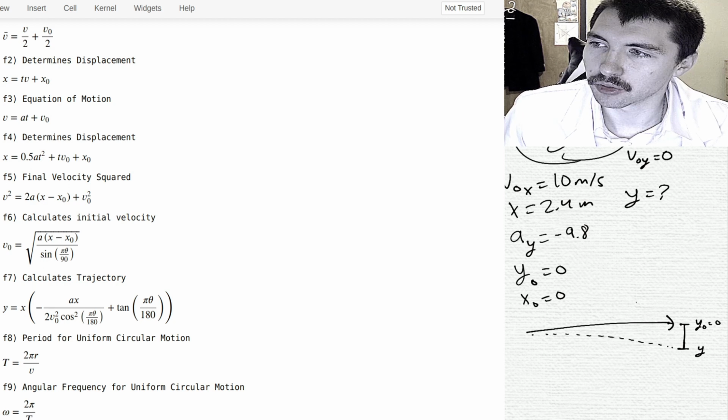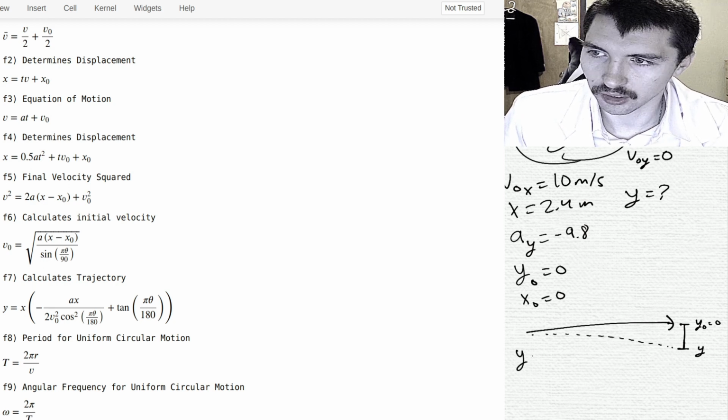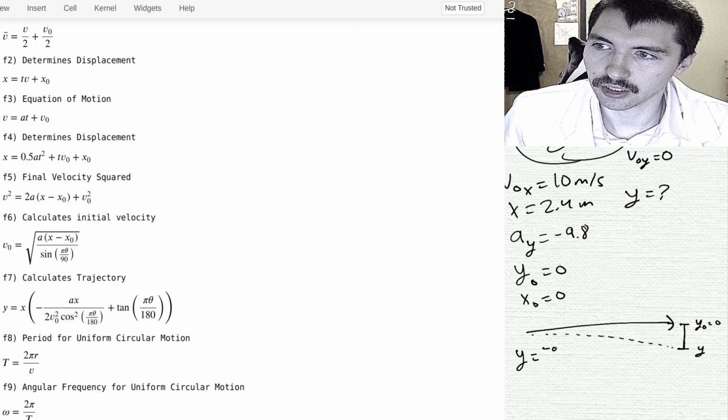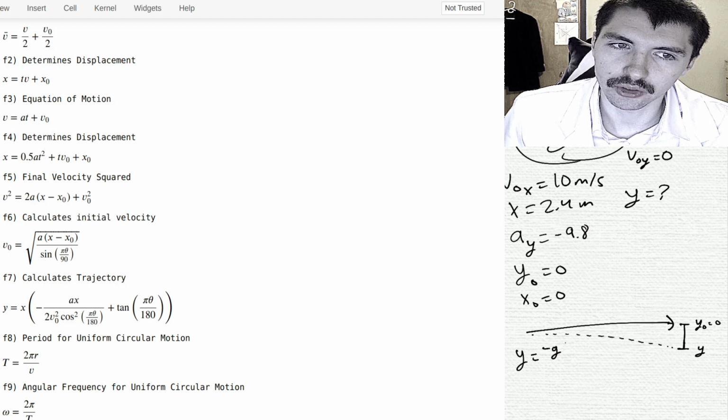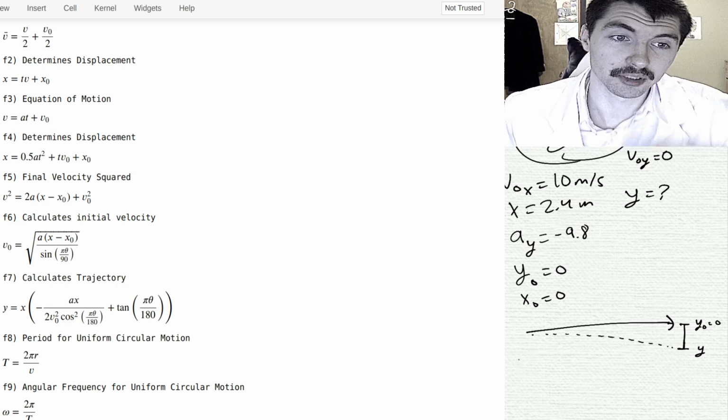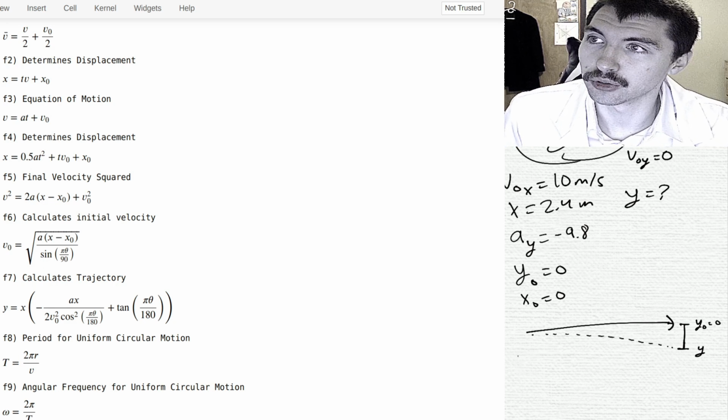So we need to know y is, so there'll be negative gravity. We don't know t, so that's a problem. So maybe we use equation 5.